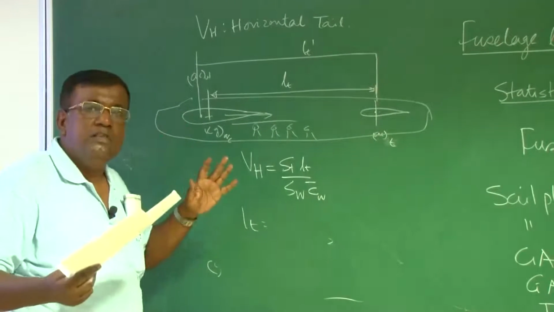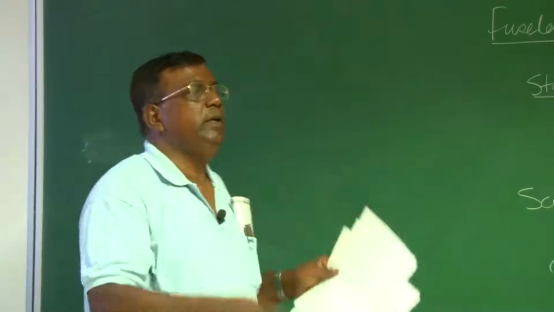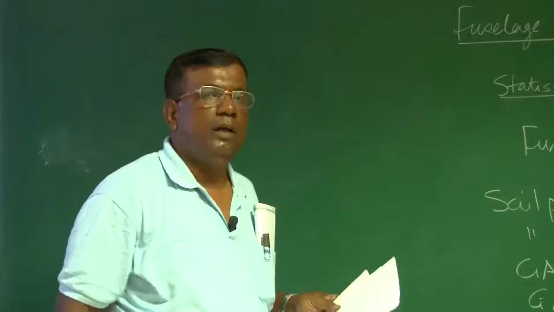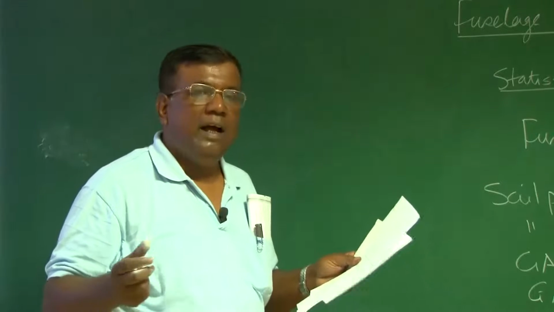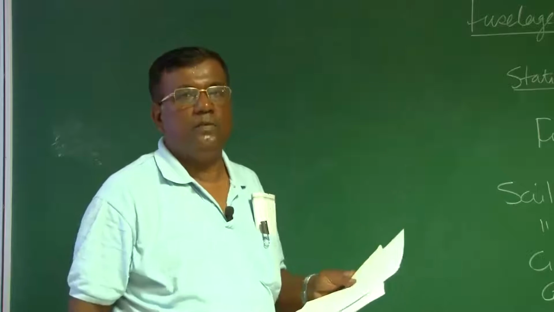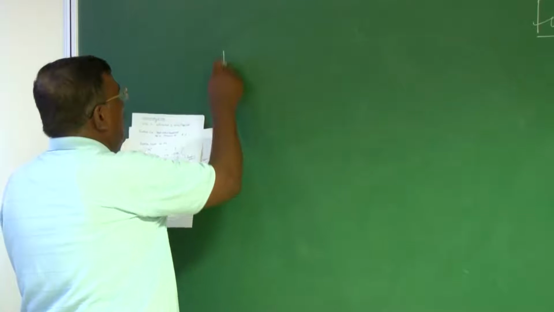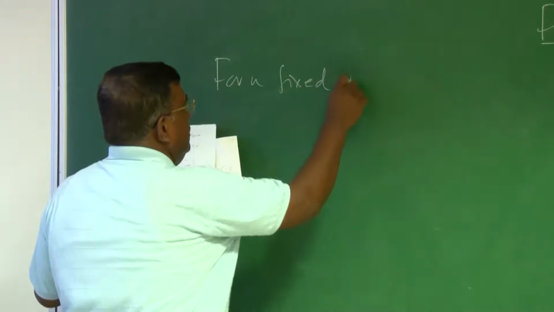That becomes easier, right? You will also appreciate that when a body is moving in air, especially a fuselage, you think of a cylinder moving in air, it is important to decide what the length to diameter ratio should be so that drag is as low as possible. For that, some guideline is there for a fixed internal volume.